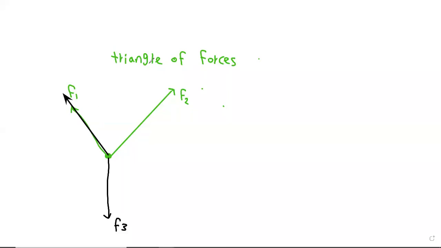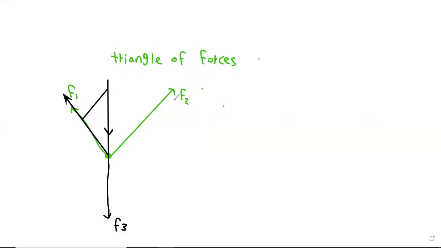Look, this is the direction of F1. We can draw a side like this side here in the direction of F3. And we can draw a force parallel to F2 and in the same direction, like I'm doing now.